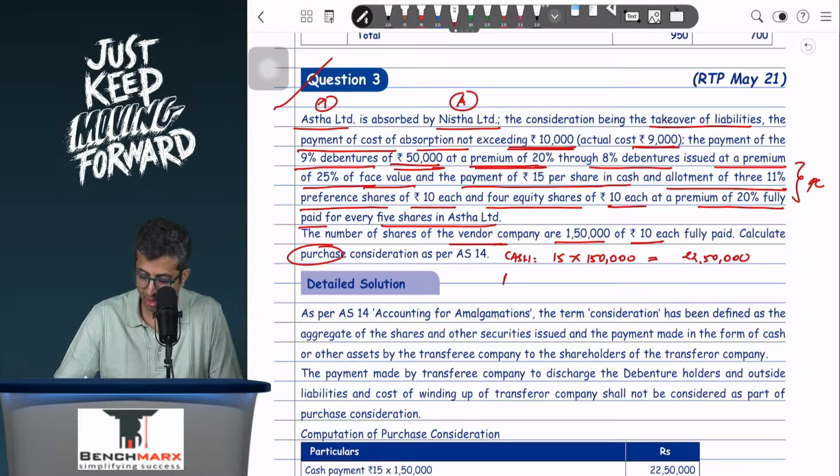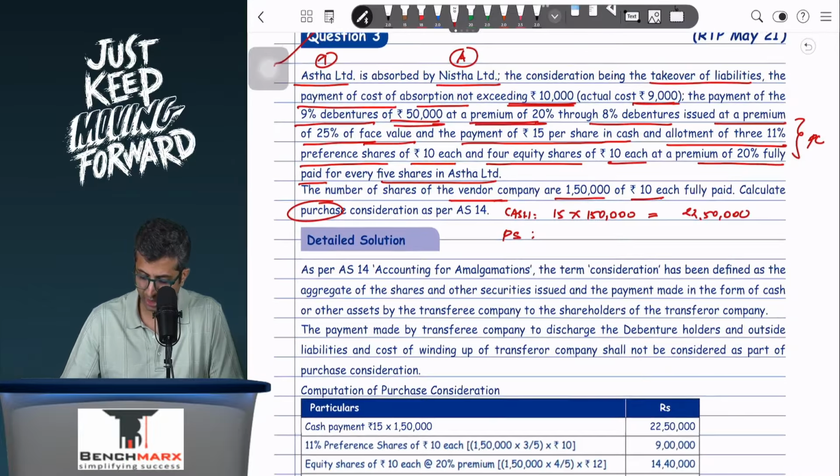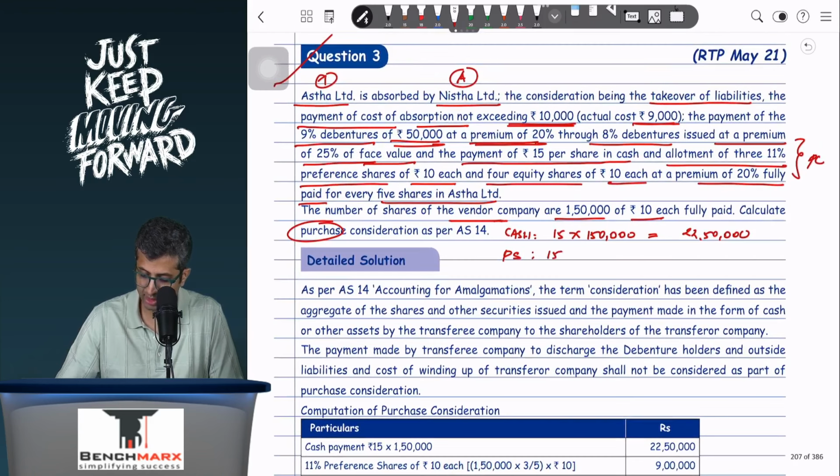However, to the equity shareholders only, you are issuing preference shares, and that is how much? For example, for every 5 shares, you will issue 3 preference shares, and every preference share is of rupees 10 each, and hence this is 1,50,000 into 3 by 5 into 10. Maybe this is 9 lakhs, and I will further issue equity shares as well.